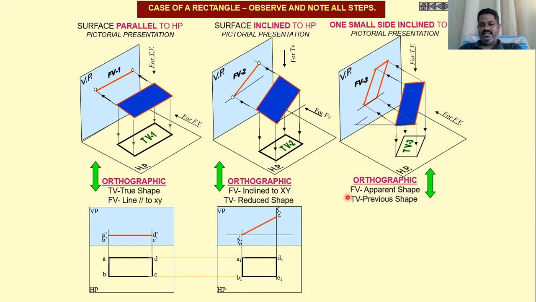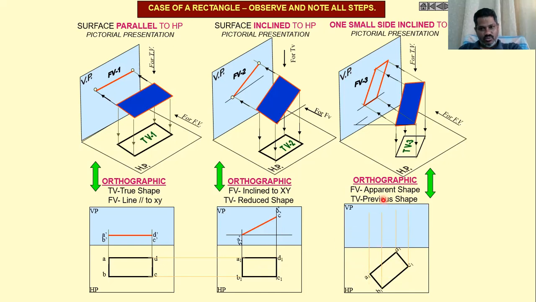We will get the reduced shape in both the cases. As you can see, the front view is the apparent shape. The top view is the previous shape that we have here. Top view is the previous one exactly.